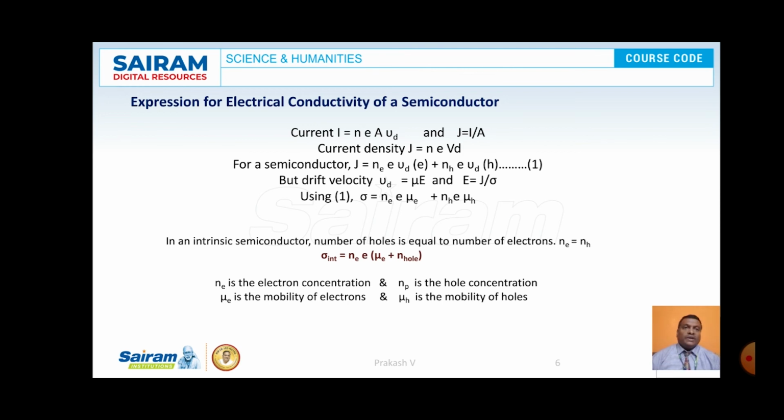Therefore, for drift velocity we can write Vd = μE, where μe is the mobility of electrons. Further, the electric field applied E is equal to J by sigma.